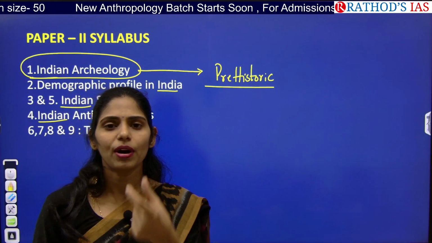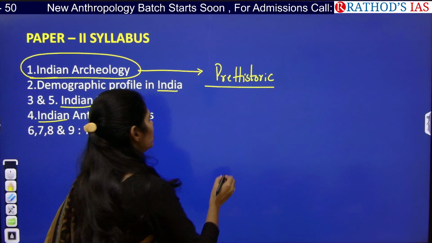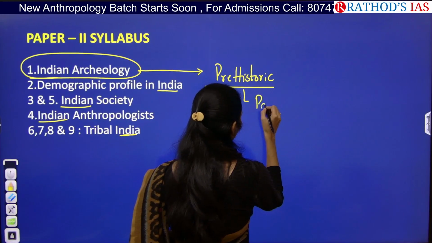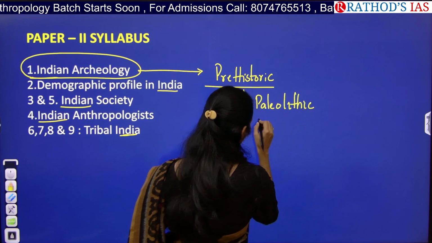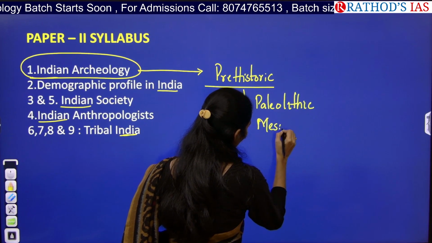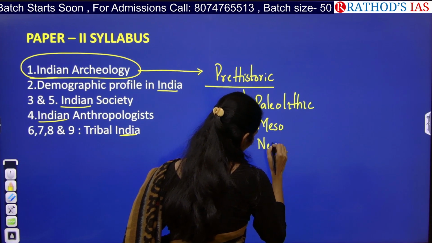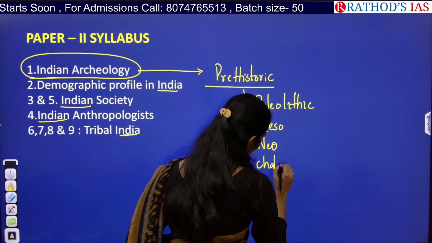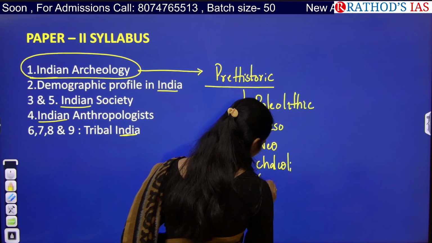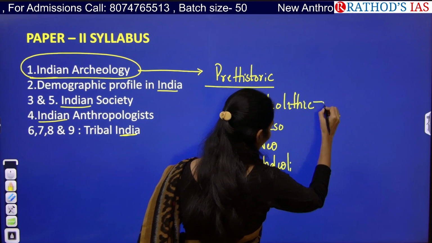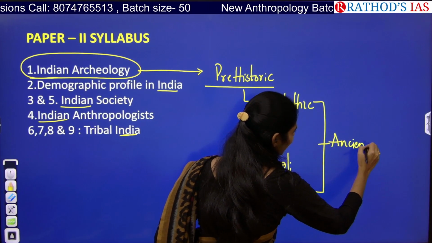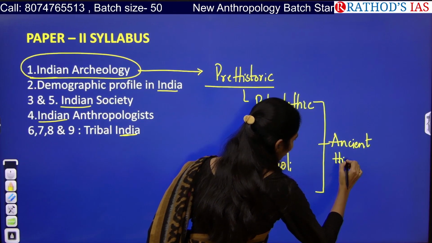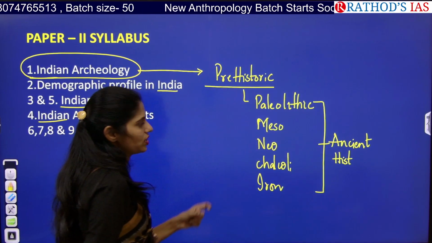Through sites of the Paleolithic, Mesolithic, Neolithic, Chalcolithic and Iron Age. So you will be studying the ancient history part here. The same things you study in ancient history, you will revise again in this first chapter.